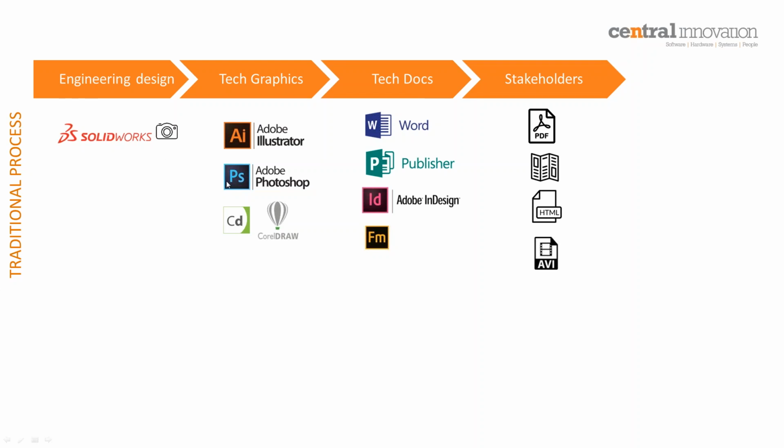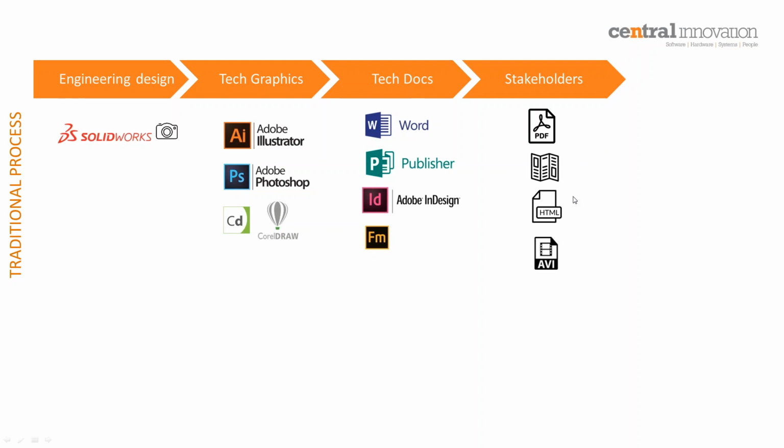You take all of this and import it into different illustration software for the tech graphics to be created. So you have Illustrator, Photoshop, CorelDRAW, and then many more. From this, you start adding all your special effects, create your high resolution images. If you want them to be published, you add them again into a Word file or into any other publisher formats, or maybe directly just create brochures on Photoshop and then print them out in your printed collateral.